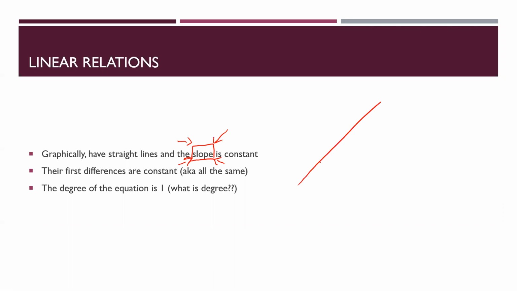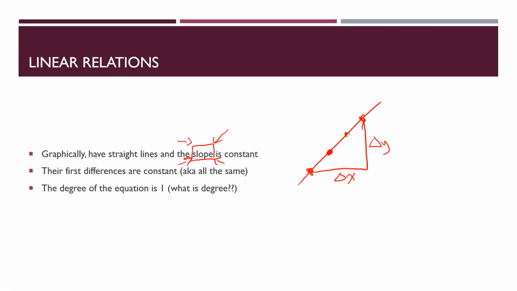So obviously in a straight line, we can see that I could take any 2 points, and if I were to calculate how much the y coordinate is increasing by relative to the x, so this is a change in the y and this is a change in the x, it should be the same no matter what, right? So it's going to be the same proportion regardless.